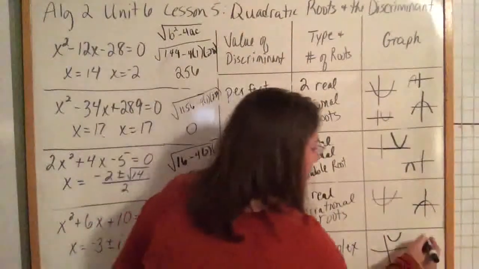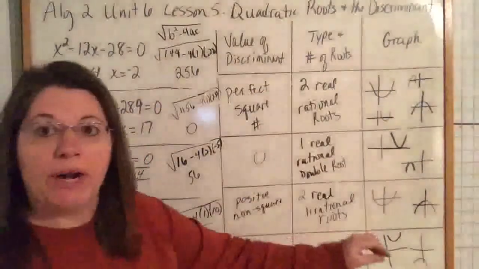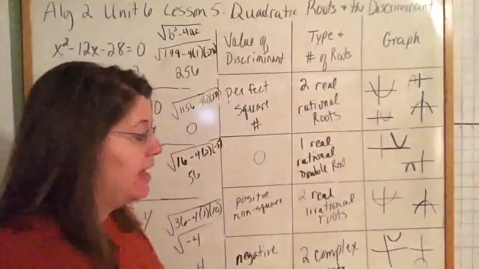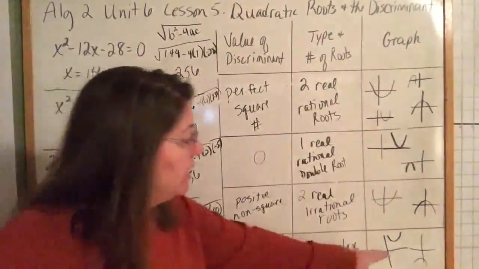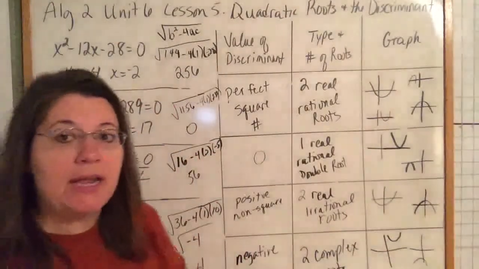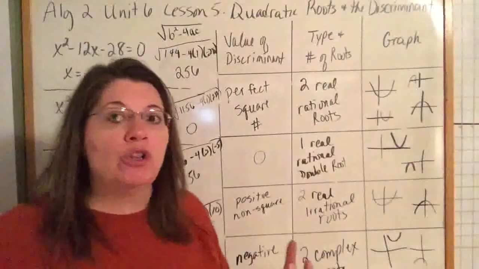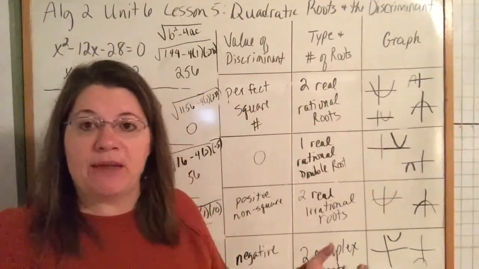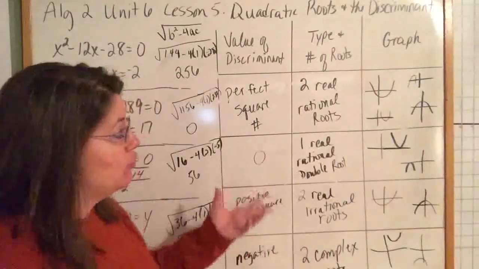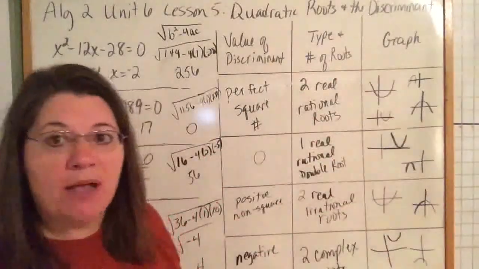If my a value had been negative, all I know is that the vertex is somewhere below the x-axis and that it curves down when a is negative. So that's really all we can tell, but this becomes very significant when we're looking at a function and trying to decide what type of roots that function might have. And all of these graphs hold true for any polynomial function.